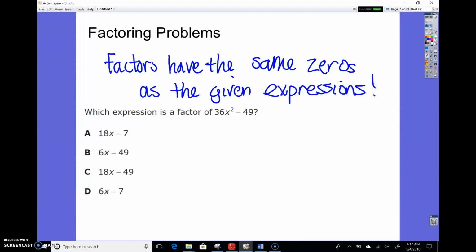Okay, you just need to know that. So they give you the expression. What you're going to do is graph it. Then they're going to give you the factor. You graph your answers.